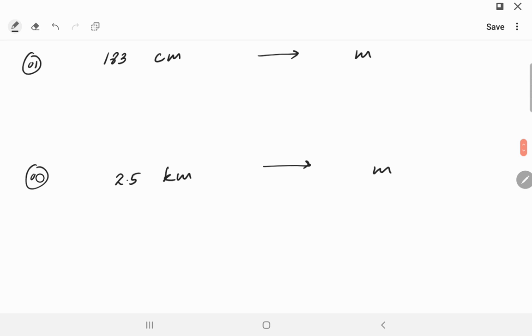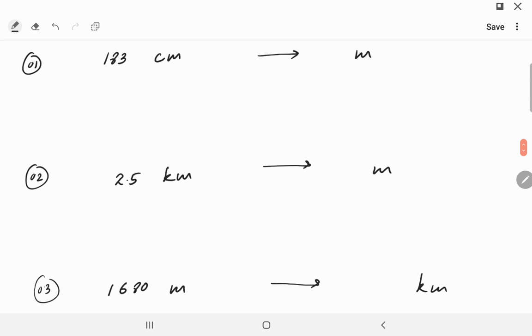And last, see if you could convert 1680 meters into kilometers. See if you could do these three calculations. Pause the video and try it.